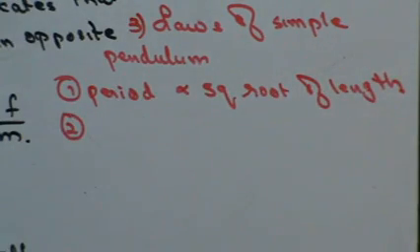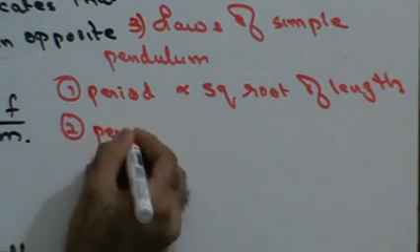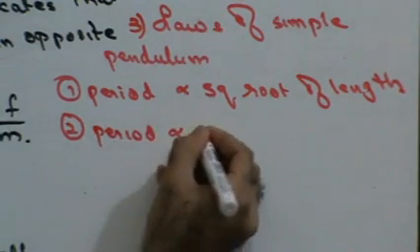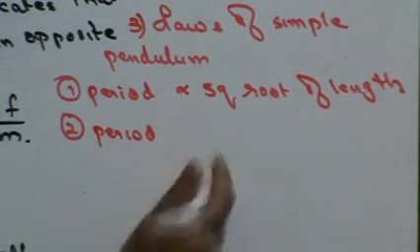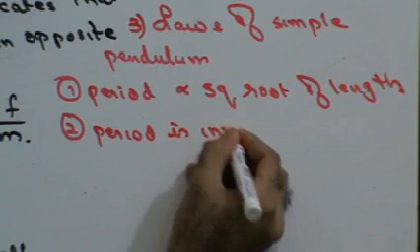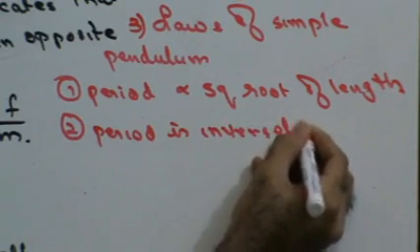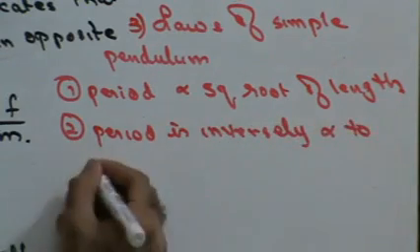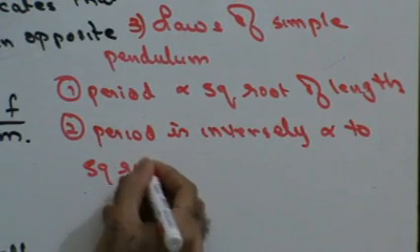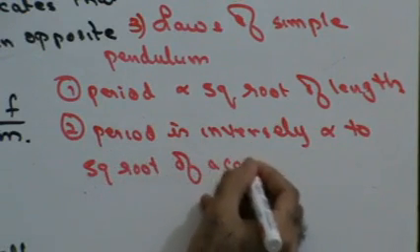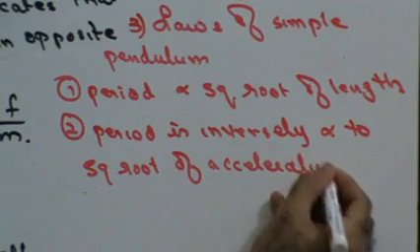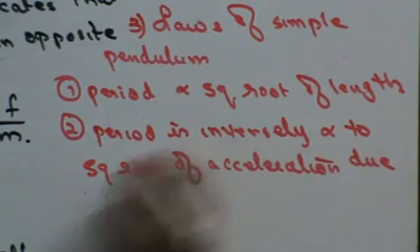Second, the period of the simple pendulum is inversely proportional to the square root of acceleration due to gravity. Period is inversely proportional to the square root of acceleration due to gravity.